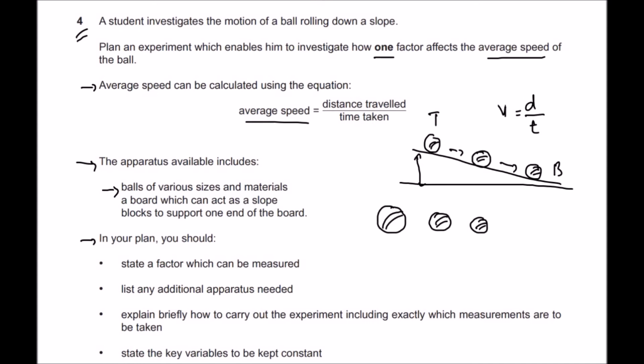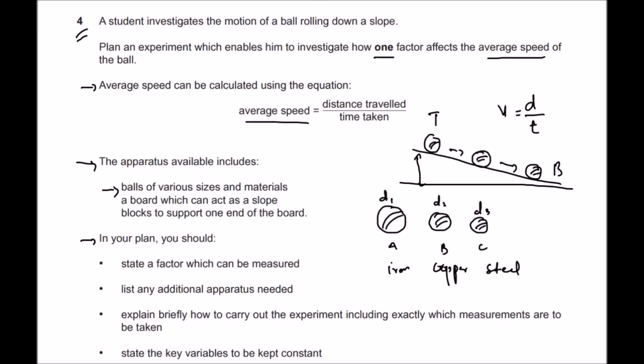So you can write, let's suppose this is ball A having diameter D1, this is B with diameter D2, ball C with diameter D3, and they are made of different materials. Let's suppose A is made of iron, B is copper, and C is steel.